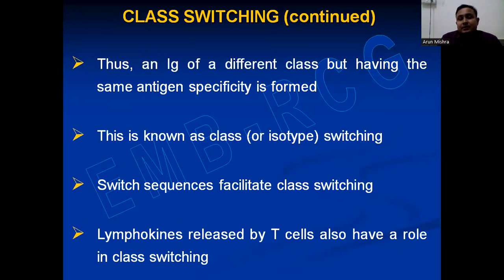Thus, an Ig of a different class but having the same antigen specificity is formed. This is known as class switching or isotype switching. Switch sequences facilitate class switching. Lymphokines released by T cells also have a role in class switching.